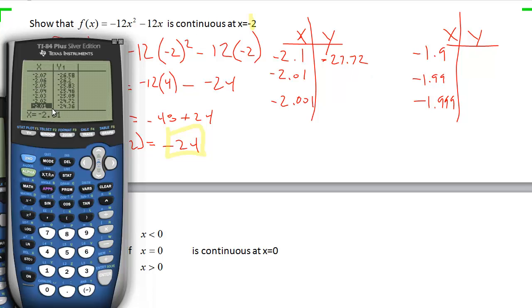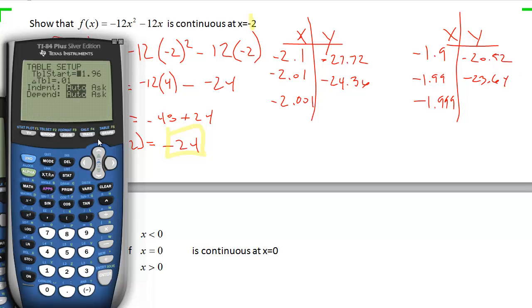And at negative 2.01, I'm at negative 24.36. At negative 1.99, I'm at negative 23.64. And at negative 1.9, I'm at negative 20.52.